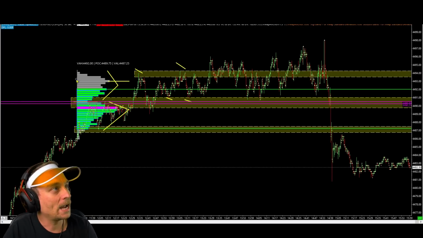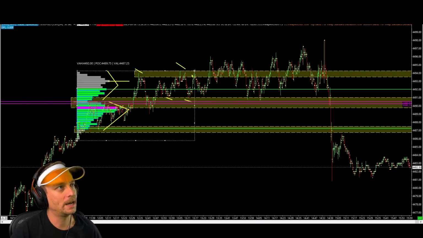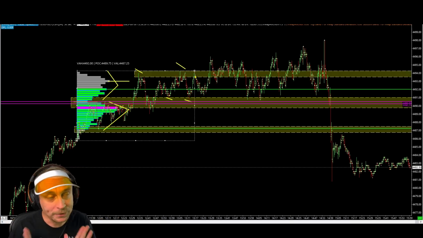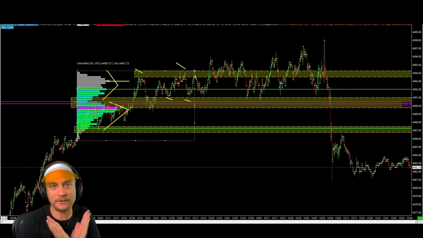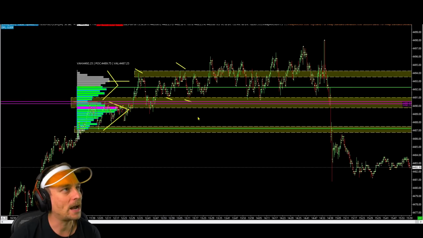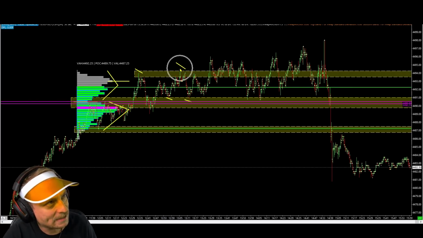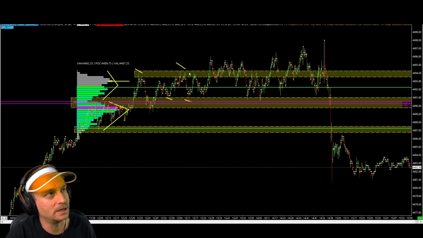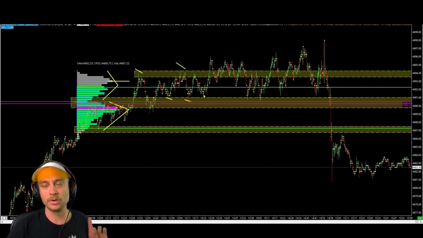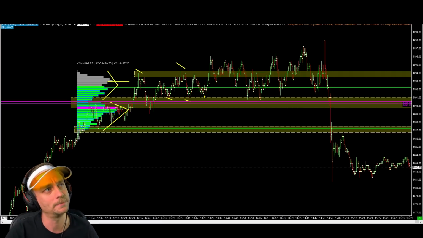So I drew the profile here, okay? This is what the profile looked like at this specific time in this specific market. As I'm dragging it out, we bottom ticked. So we had a top tick, and then we bottom tick, and now we're re-ranging. So what this is telling me is there's a good chance, and since I have great bottom tick, top tick examples, I might as well talk about it.